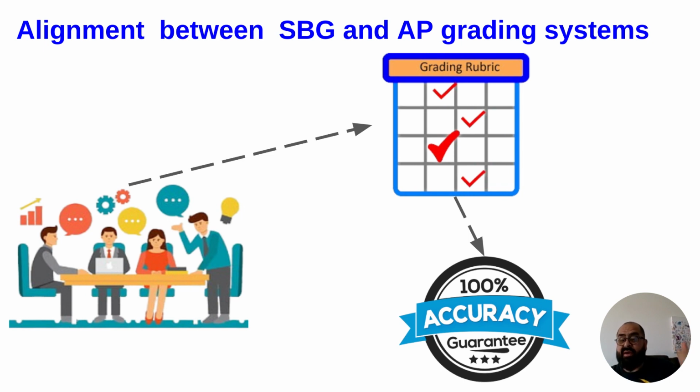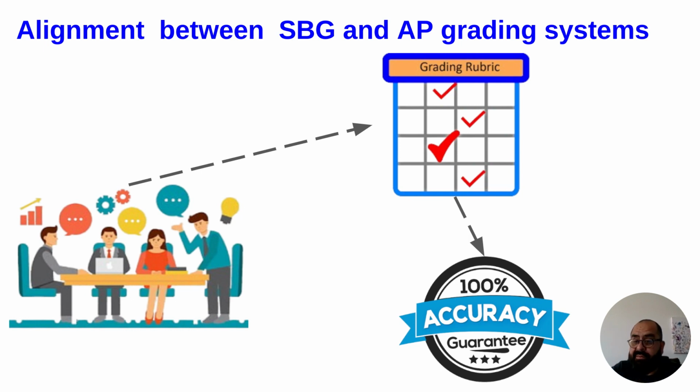Also provide students with feedback on their performance, focusing on how they can improve the proficiency levels. This may create more work for our AP teachers, but it will align both systems and will provide very accurate feedback for our students.